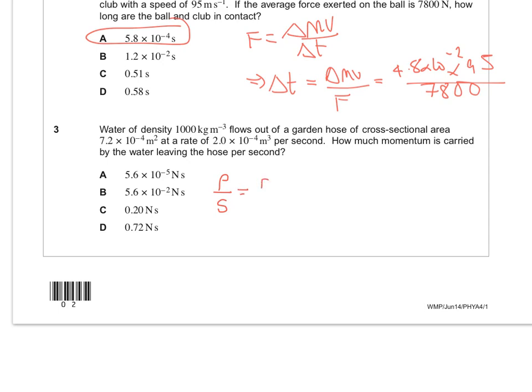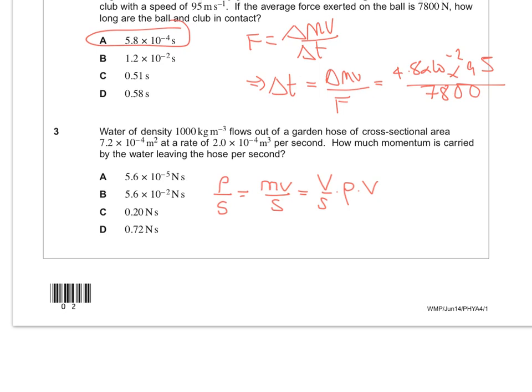That's going to be mass times velocity per second, which is volume per second times density times the velocity. We haven't been given the velocity, so we're going to generate velocity by dividing the volume per second by the area.